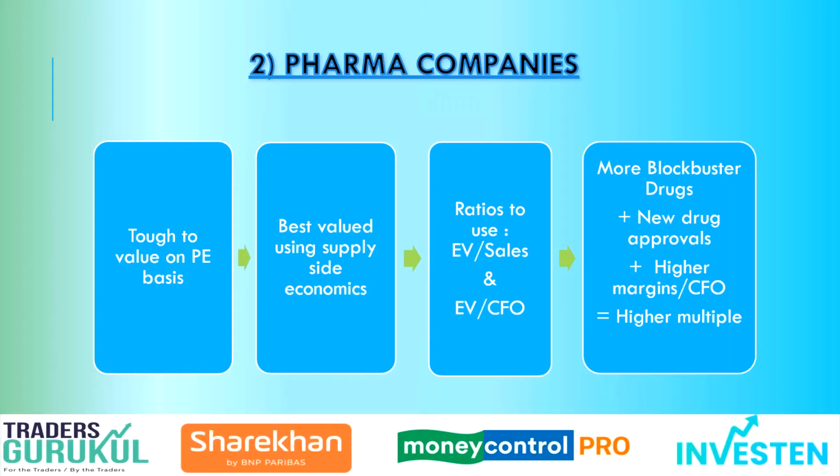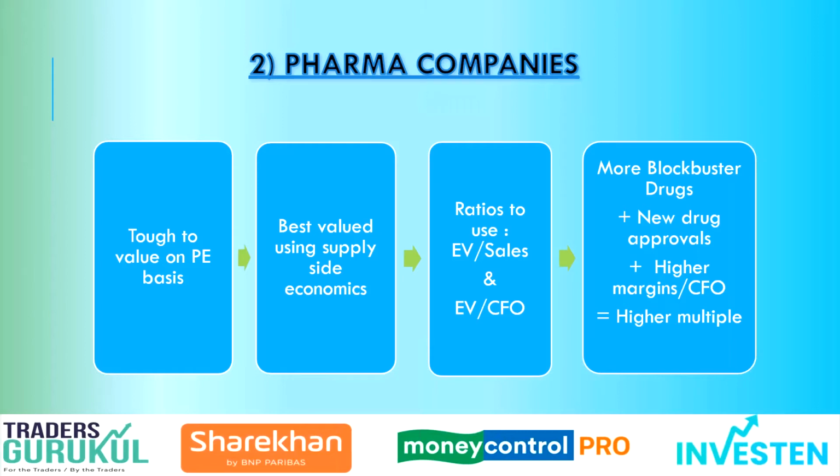So pharma companies generally should be valued using two ratios: enterprise value divided by sales and enterprise value divided by cash flow from operations. Now the issue is, what multiple do we give if we are valuing using EV sales? While assigning a multiple, one must take note that if a pharma company has higher drug approvals, higher margins, and higher cash flows, such a situation would generally lead to a higher multiple being assigned.